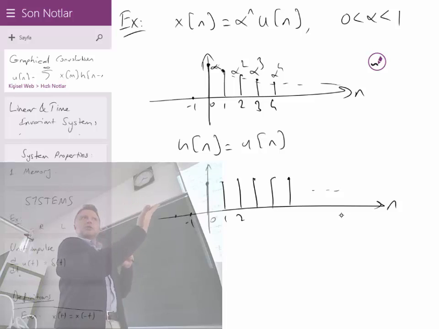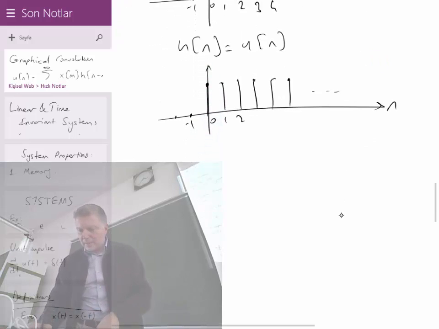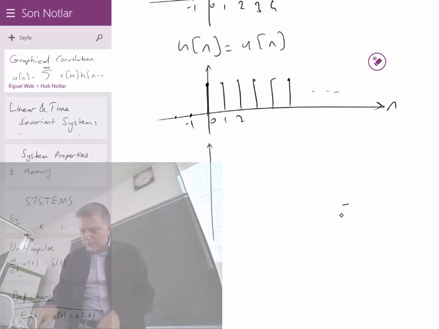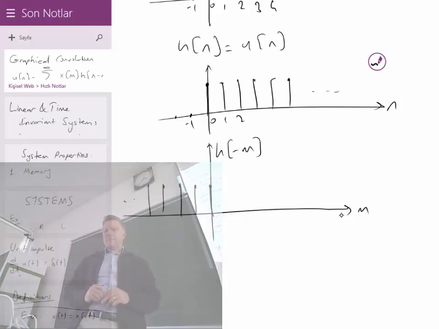We flip around h over the 0 axis. On the axis of m, let's flip around this. This is what we get. So this is h of minus m on the axis of m.